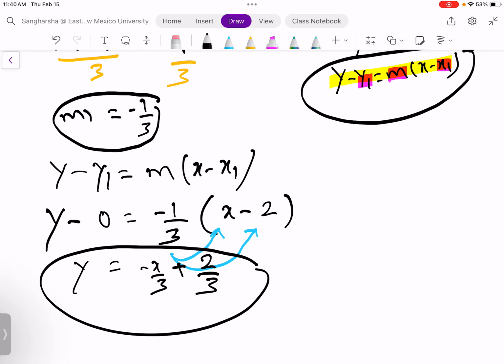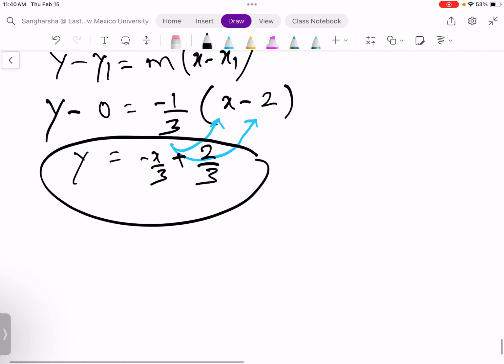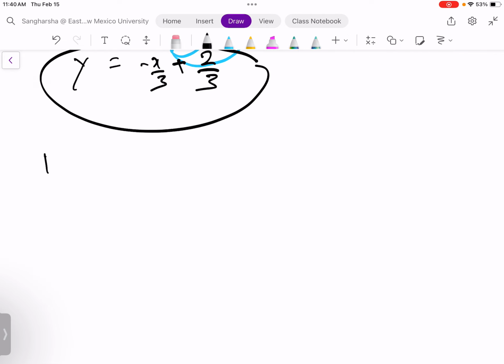Okay, so let's go to number 14. In number 14, we are still asked to find the equation of a line. Let's say we are trying to find the equation of this line, and this line is parallel to -2x plus y equals -1. So we have a line parallel to this one.